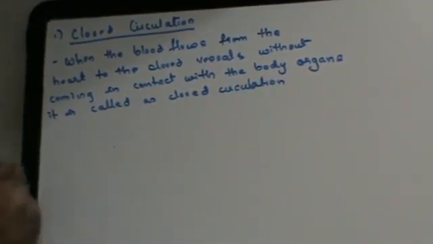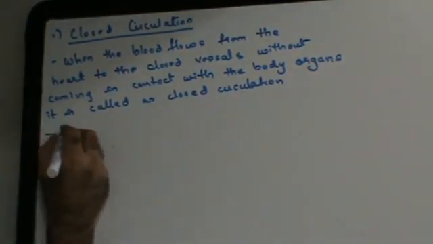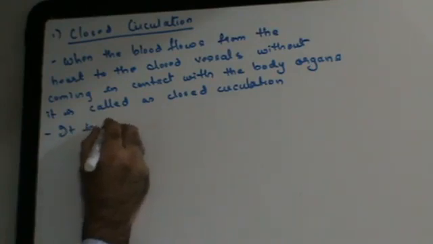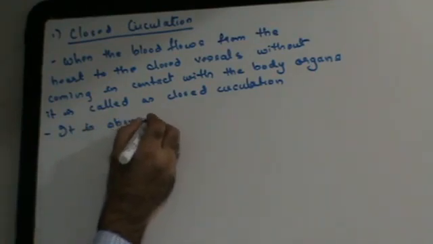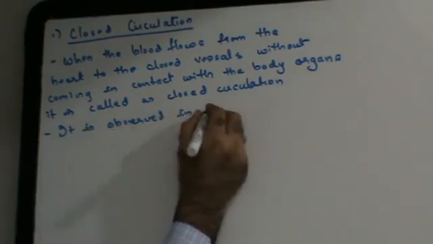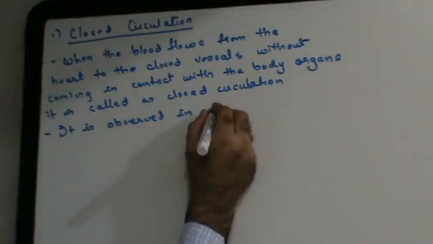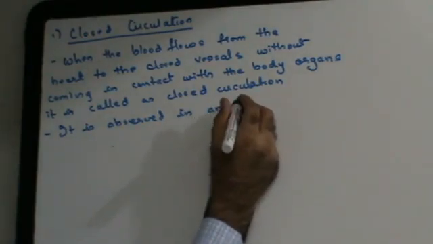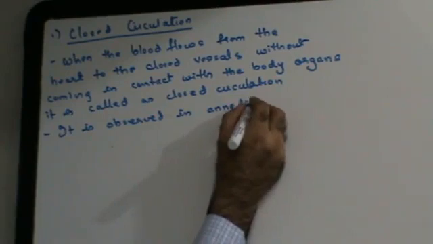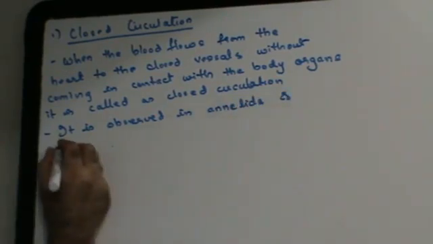Fine. Now, closed circulation is observed in Annelida and vertebrates.